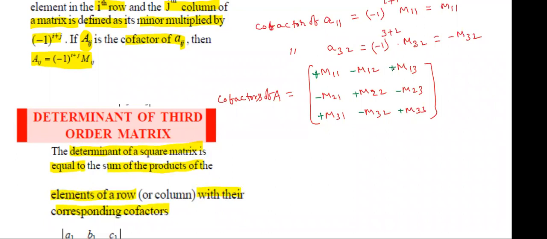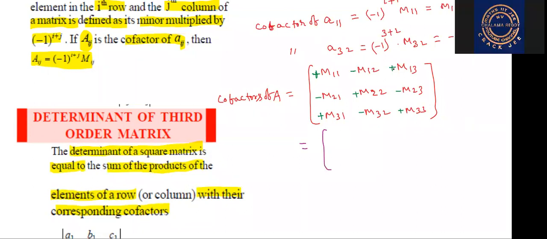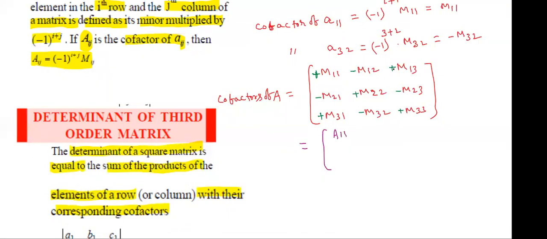Cofactors are denoted by capital letters A. Here I have not written cofactors. Plus M11 means A11. Minus M12 means A12. This is A13. Cofactors are denoted like this.